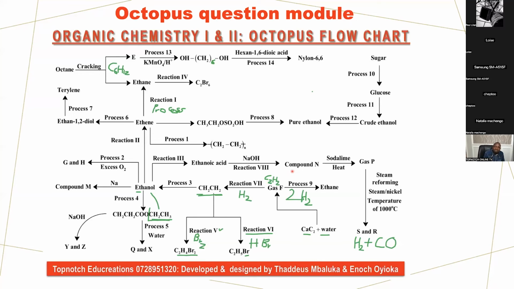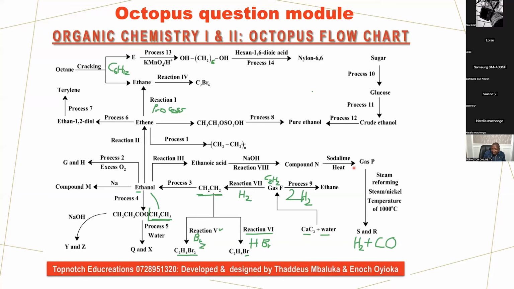In decarboxylation, you are simply removing the carboxyl group. You are reacting sodium ethanoate with soda lime. The products are two, sodium carbonate and methane. Do we have a carboxyl group in any of the products?